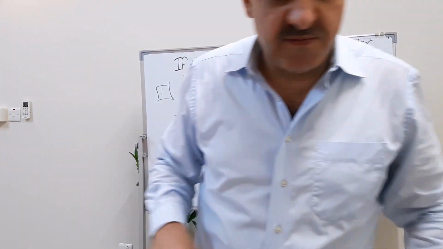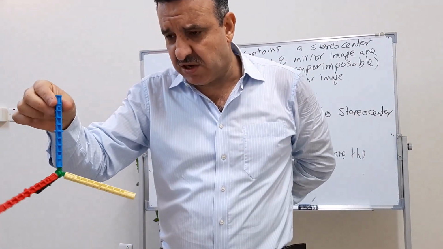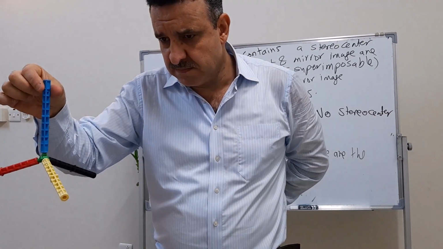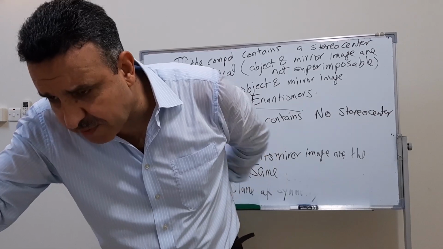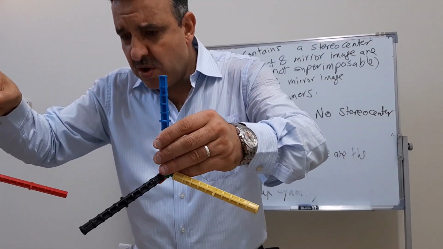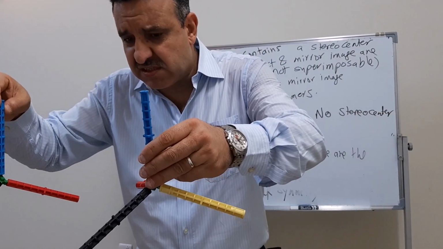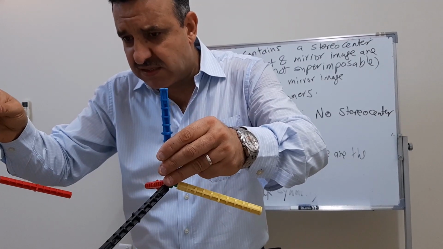While for the chiral molecule, let's see, does this object contain a stereocenter or not? It does contain a stereocenter. Now, if we place this object in front of a mirror, we will see this is its mirror image. My left hand is the mirror image of my right hand, isn't it?